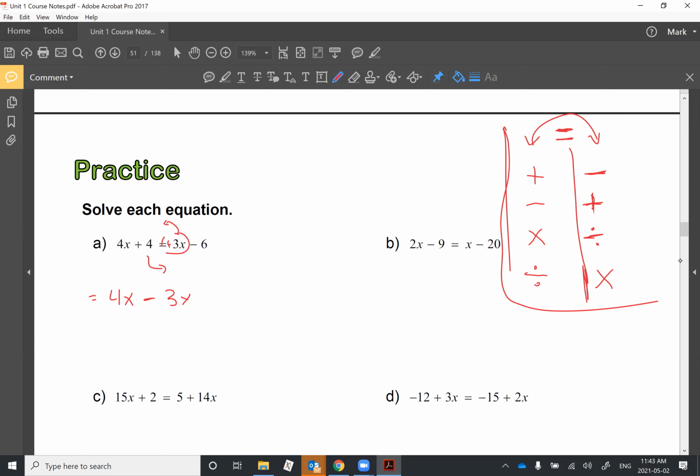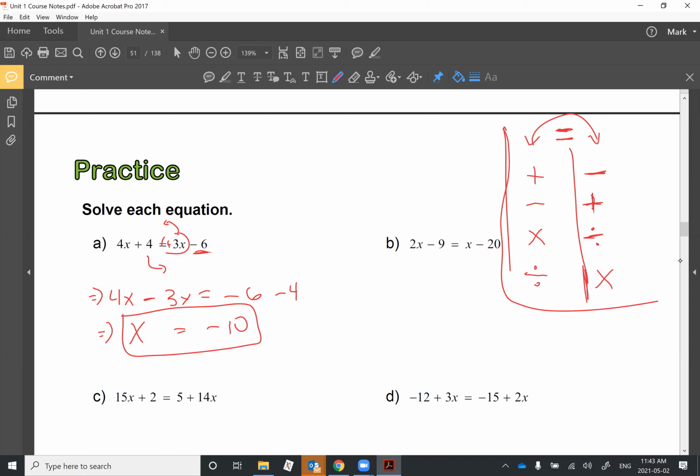I'm moving it over, it becomes negative. Equals minus 6 minus a 4. So 4x minus 3x is just x equals minus 6 minus a 4 would be a minus 10. There's my answer. X is negative 10.